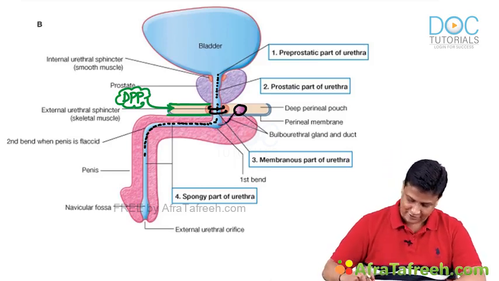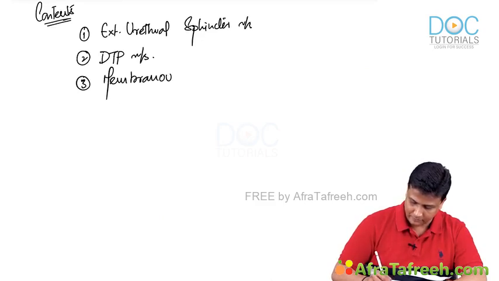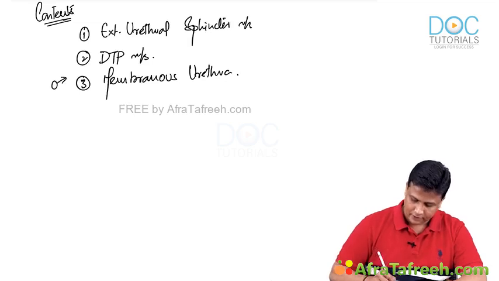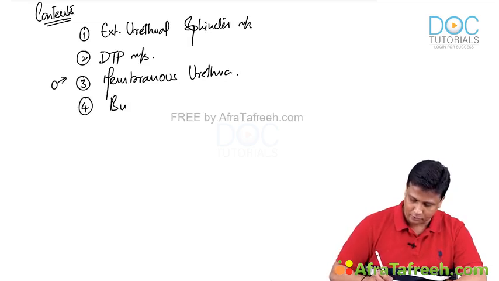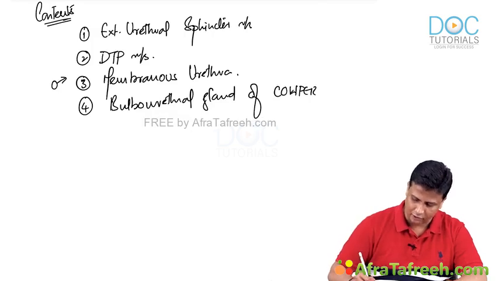Perfect. So let's make a note of this. Content number 3 in the deep perineal pouch will be the membranous urethra, but that is only in the male. Content number 4 will be the bulbourethral gland of Cowper, or simply Cowper's gland, and that is also in the male.